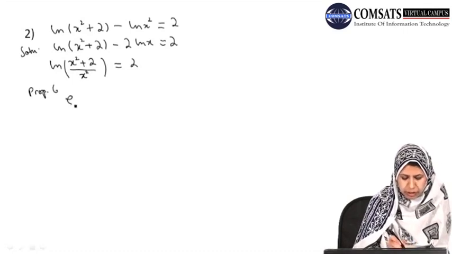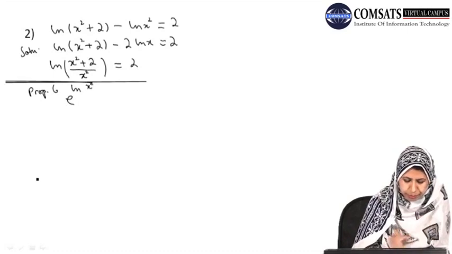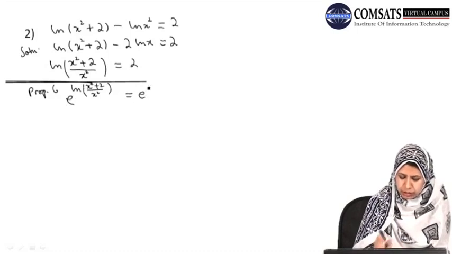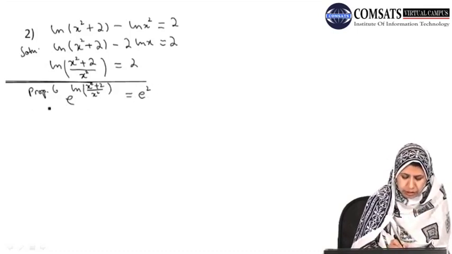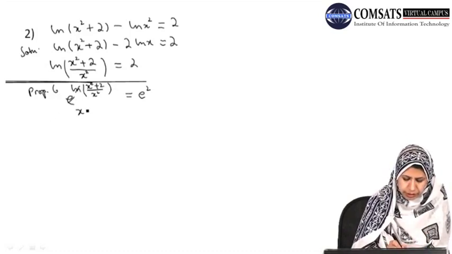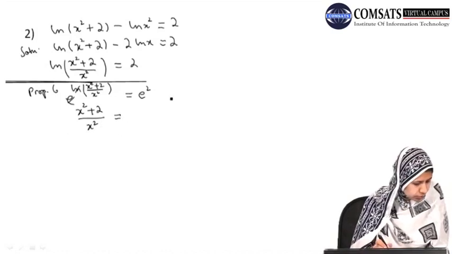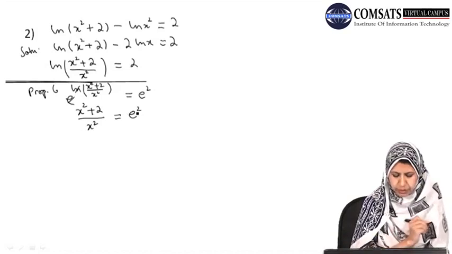We obtain e to the power log of x square plus 2 divided by x square is equal to e square. Now the log and exponential will cancel out, and on the left hand side we are left with x square plus 2 divided by x square is equal to e square.